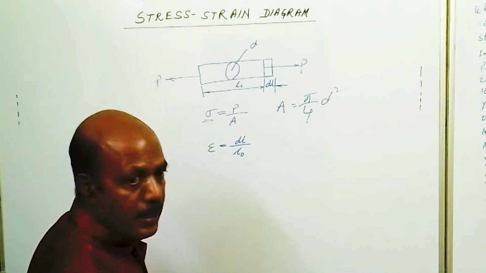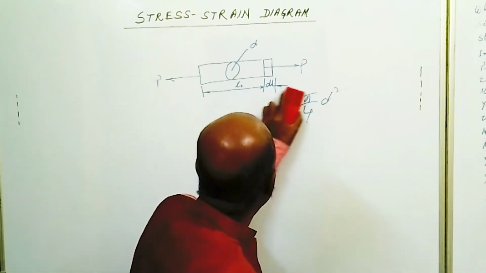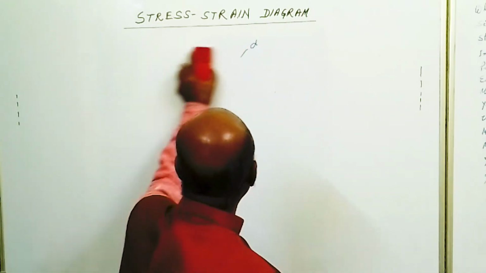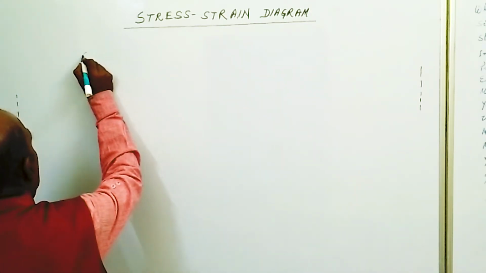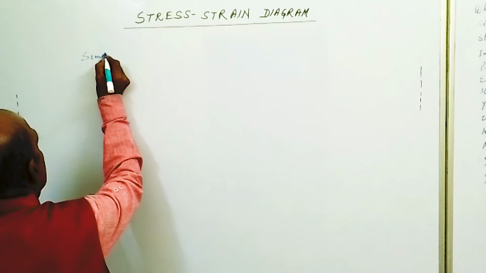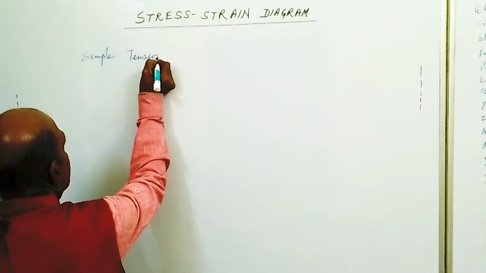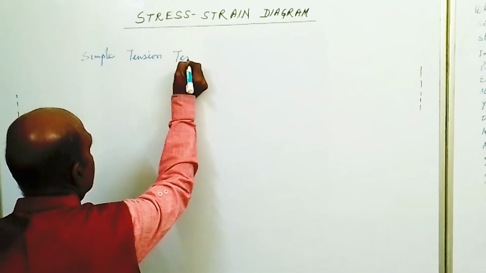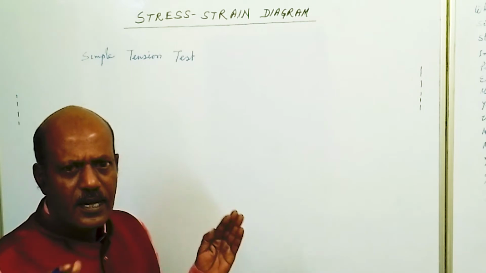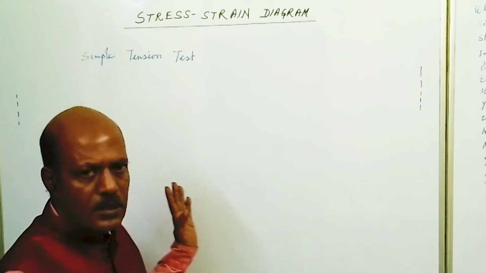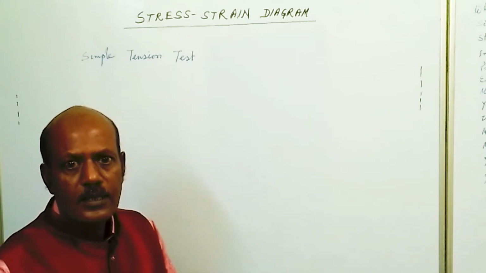Now we will see the stress-strain diagram. Before that, we are going to discuss the tensile test, also called the simple tension test. In this test, a standard test specimen is tested in a machine.